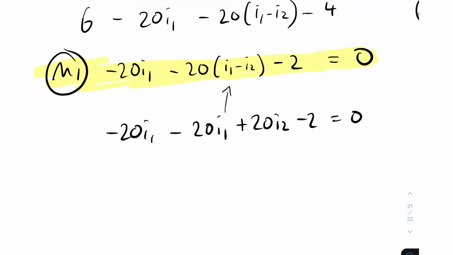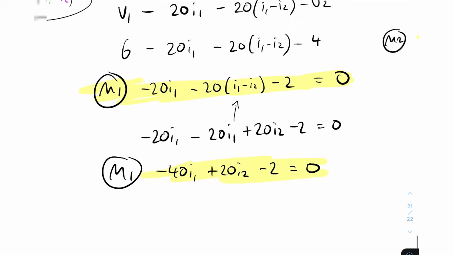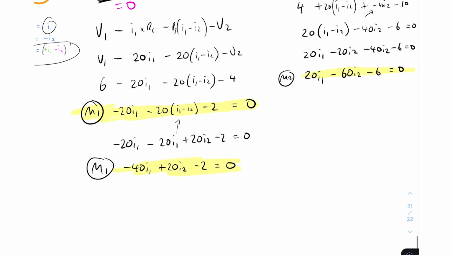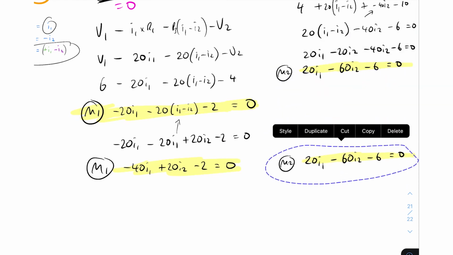Simplify this a bit more. So we've got minus 40 I1 plus 20 I2 minus 2 is equal to 0. And there you have it. That's the simplified version of the mesh 1 KVL. Cool. Let's just copy and paste this, bring this down a bit.